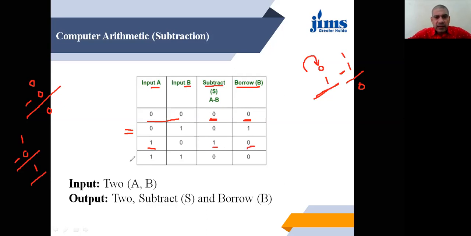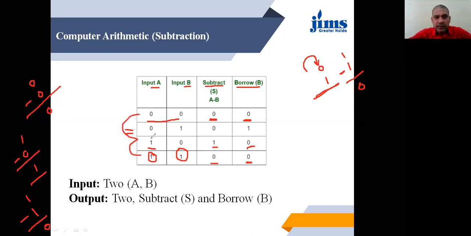In the last case, when we have to perform 1 minus 1, the value of A is 1, the value of B is also 1, then in that case the subtraction is 0 and we are not taking any borrow also. So this was the case in these three.